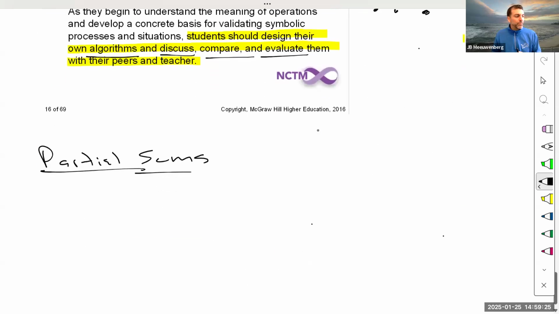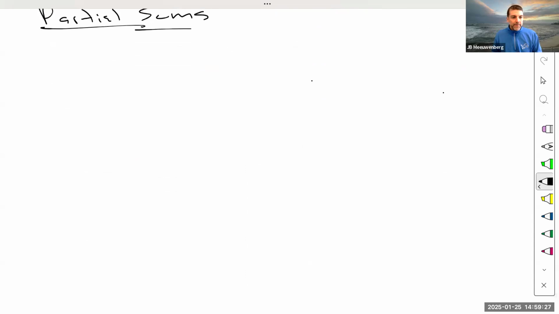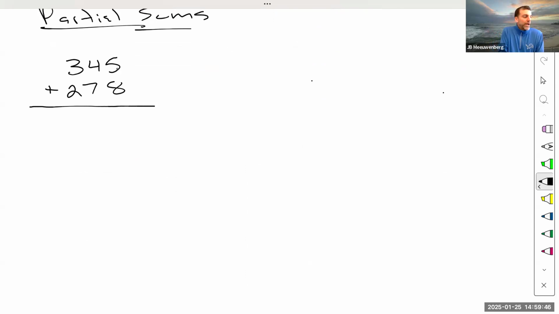So let's look at a couple other situations of how those partial sums might look. So here is the number 345, and we're going to add that to 278. The way that I showed before was where you might carry the one from one column to the next. Another way you could add these numbers is to start with the 5 and the 8, which are in the ones column, and say, all right, I know that's worth 13.